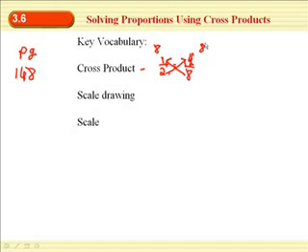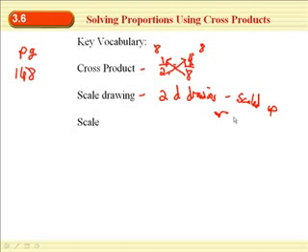A scale drawing is a two-dimensional drawing, a 2D drawing, that is scaled up or down, multiplied by some sort of like 3 times the size, 4 times the size, half the size, whatever it might be.